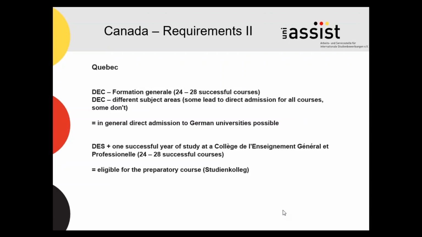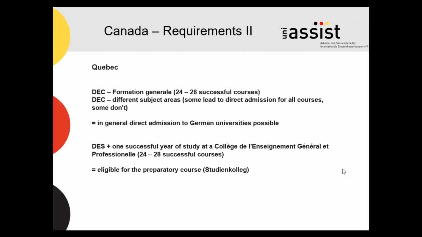A direct admission is also possible with certificates from Quebec, with the diplôme d'études collégiales, with formation générale. A direct admission is possible. You need to prove 24 to 28 successful courses.